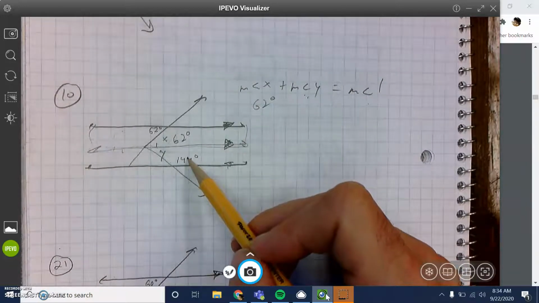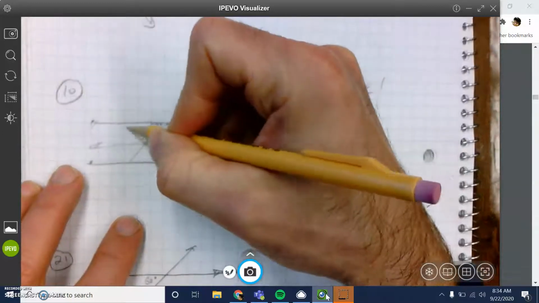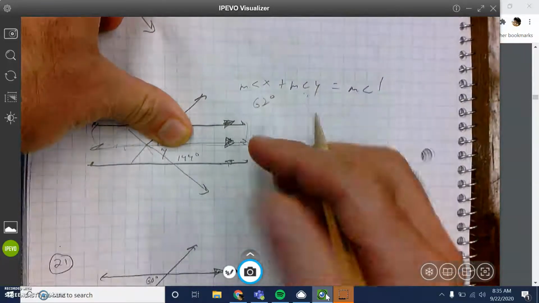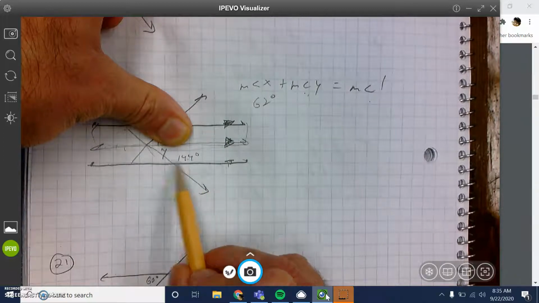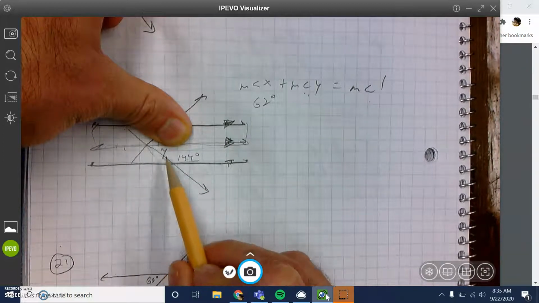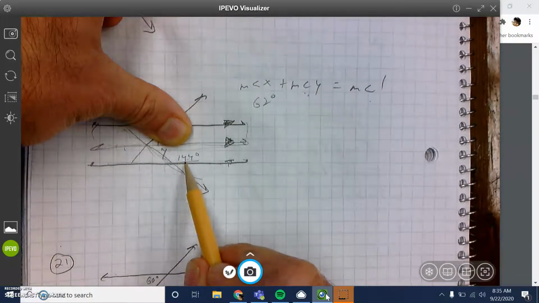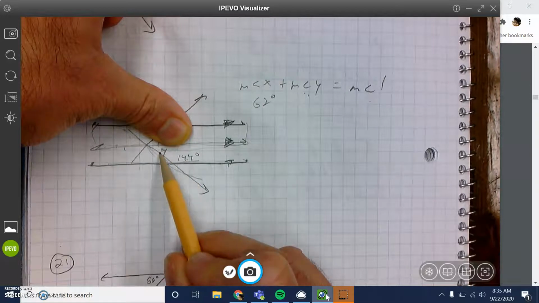Okay, so now looking at y. Let's extend this line, because here's my transversal. Cover up all this stuff, so I can ignore it. So now I'm looking at this line and this line. Okay, 144 is here, that's an obtuse angle, and this is an acute angle, and this is my transversal. So it looks like these are consecutive interior angles. They're supplementary.